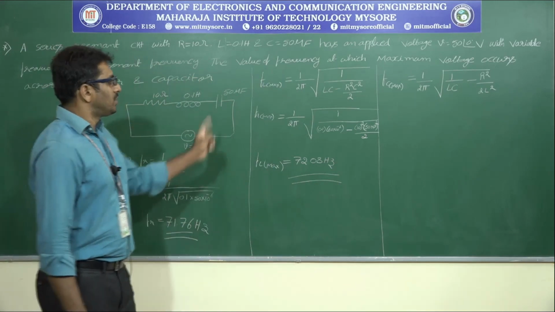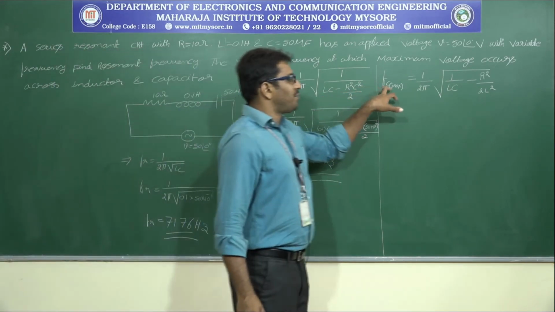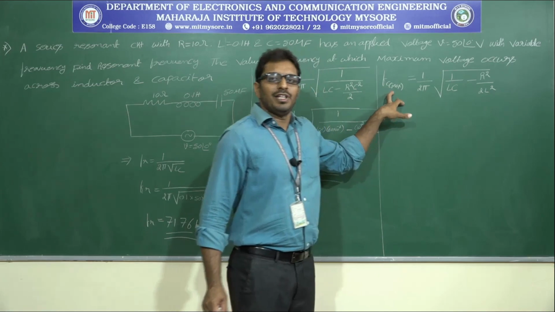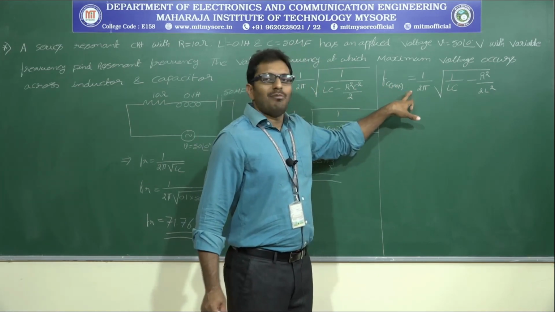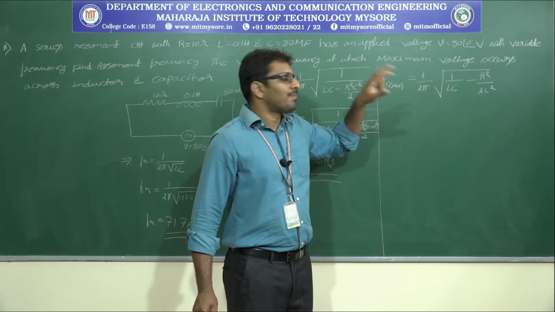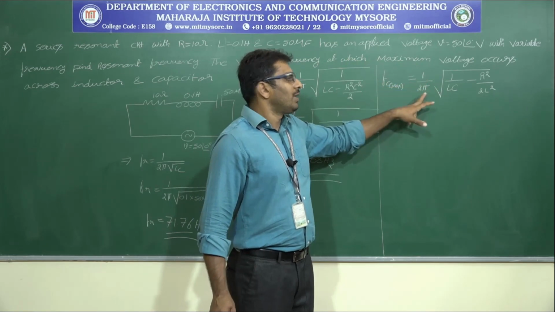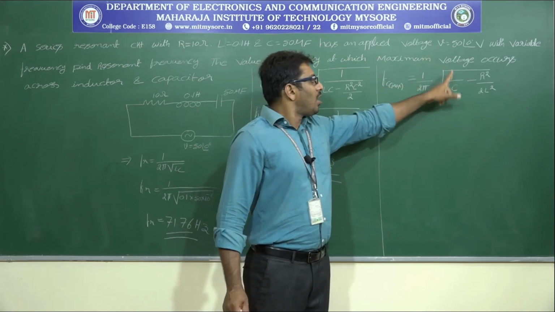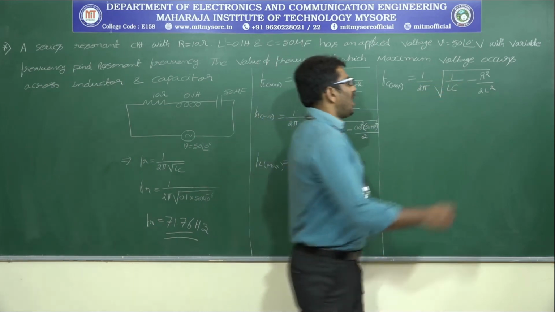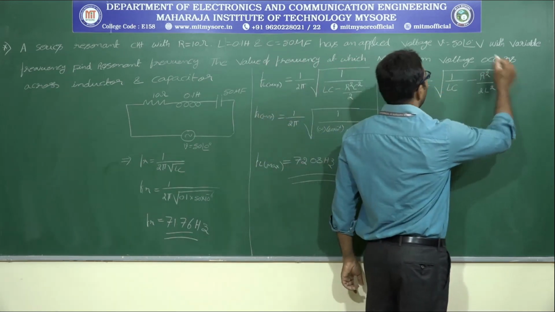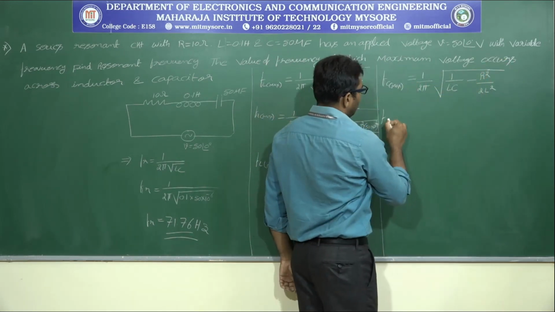Is that clear? So similarly, this is the formula. FC max is the frequency at which we can obtain a maximum voltage drop across the capacitor. What is the formula? 1 by 2 pi square root of 1 by LC minus R square divided by 2L, whole square. Just substitute the values.